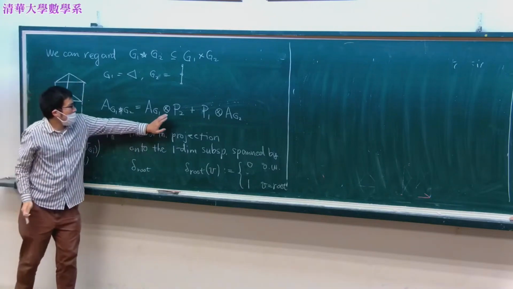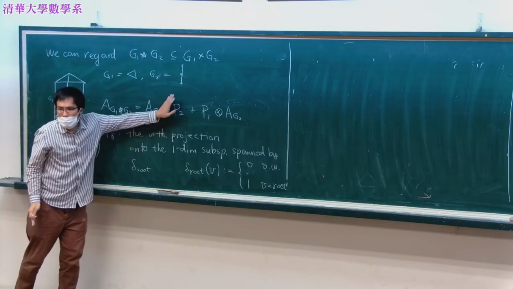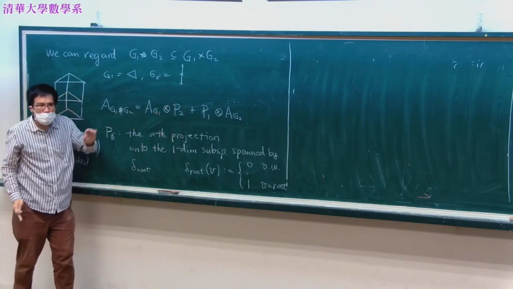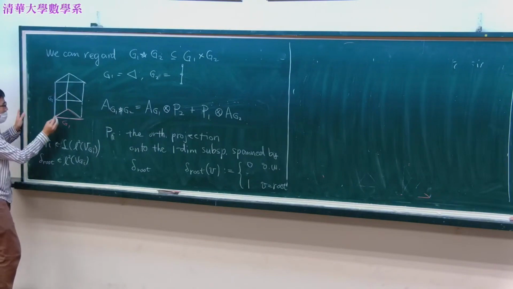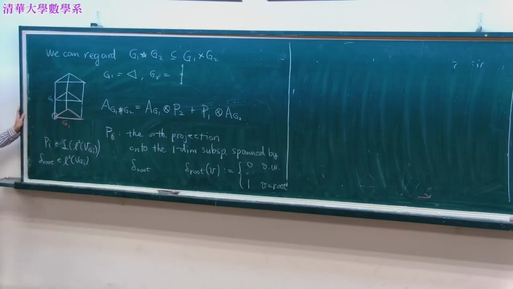So basically that's expressed by this P2. P2 is also a projection, and a root is here. Maybe I should write it down here. So this is a root. And among those 3 components, this is this direction.